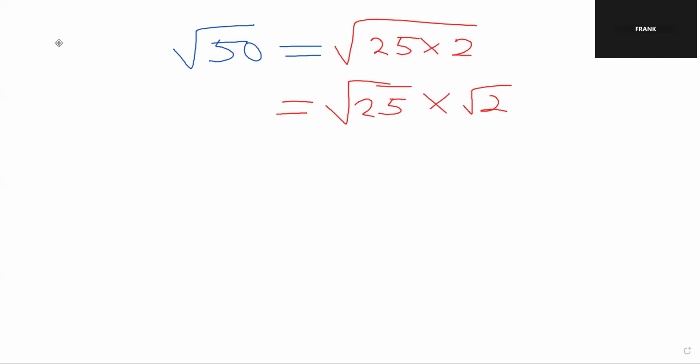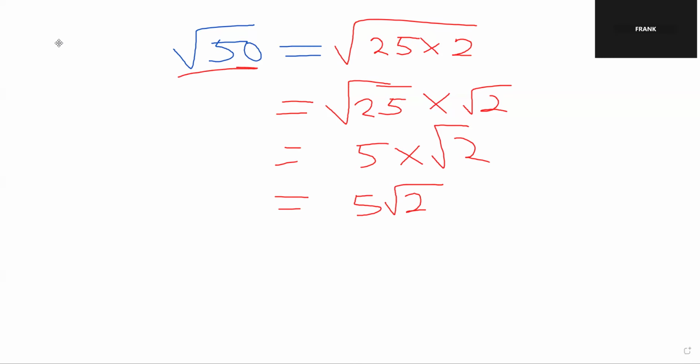Now root 25 is not a surd, so I can solve it. What number times itself will produce 25? That is 5. So we have 5 times root 2. Once I do this, bring them together. That's 5 root 2. That's my answer. So root 50 has been reduced to 5 root 2.